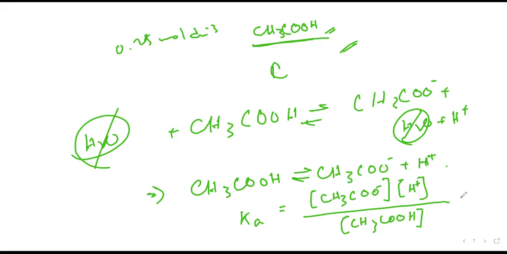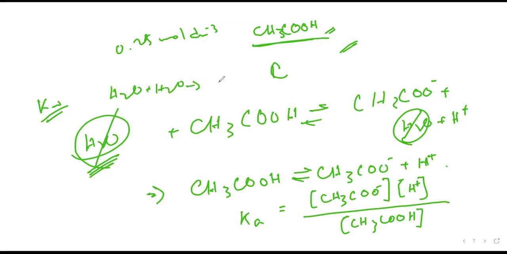Now, there are some assumptions we need to make. The first assumption is that the hydrogen ions are produced only by the CH3COOH. Why is this a term here? Obviously there is water, and we have just seen in the Kw part that water itself also dissociates.